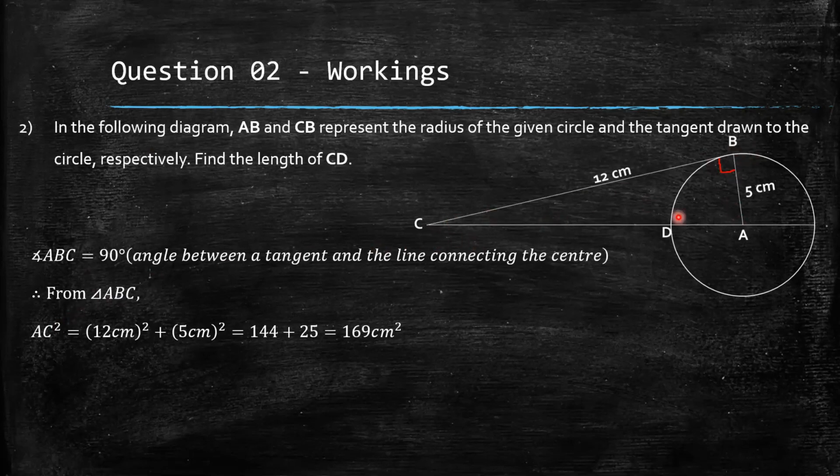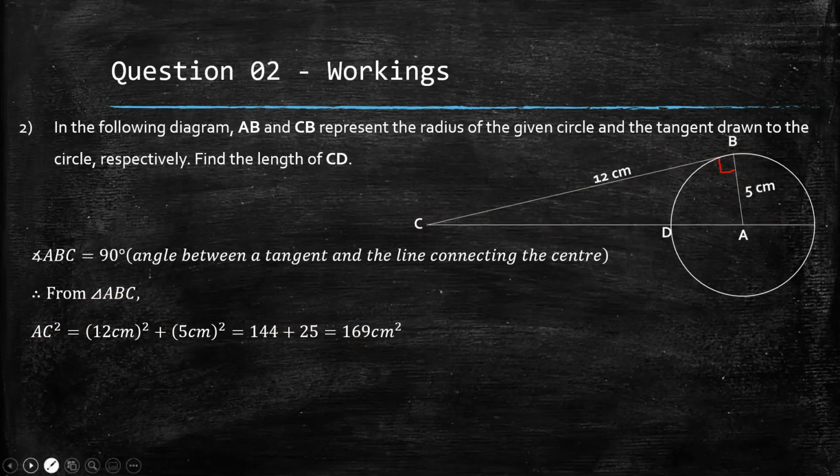So you know AC squared, that means the hypotenuse squared, is equal to AB squared, 5 squared, plus BC squared, which is 12 squared. So AC squared will be equal to 12 squared plus 5 squared, which is 144 plus 25, equal to 169 square centimeters. So that is AC squared.